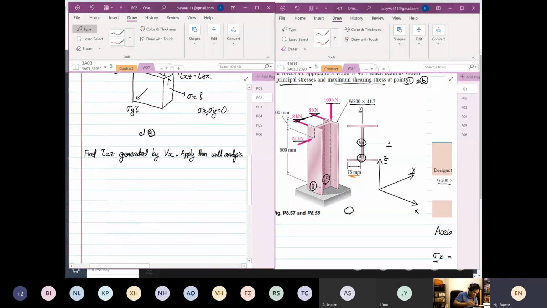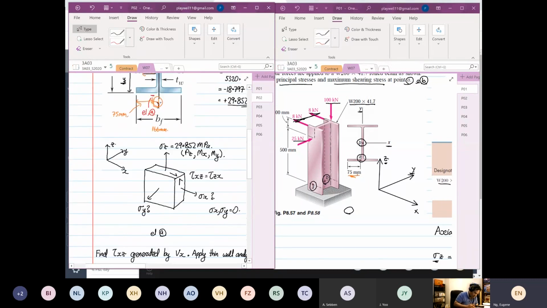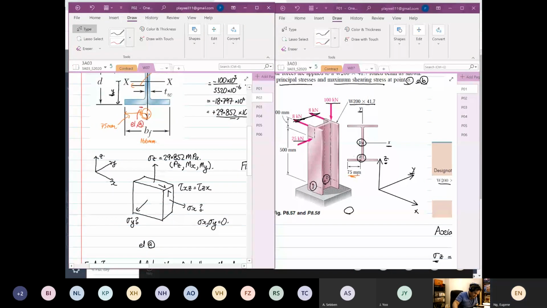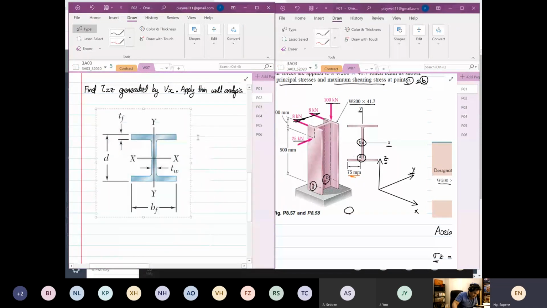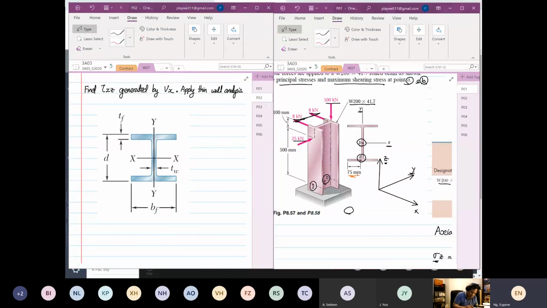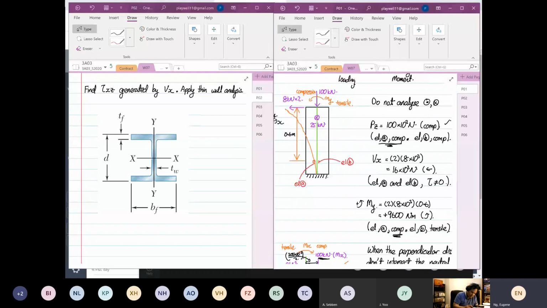So over here, we start by copying our structure again. There is our structure. If you go back to our analysis, we want to find our Vx.